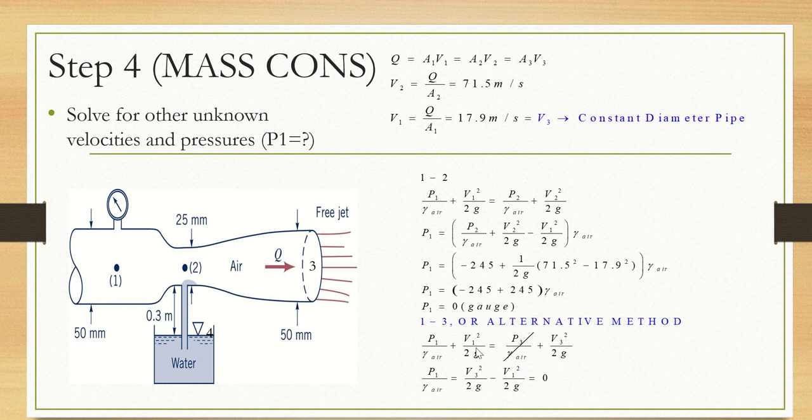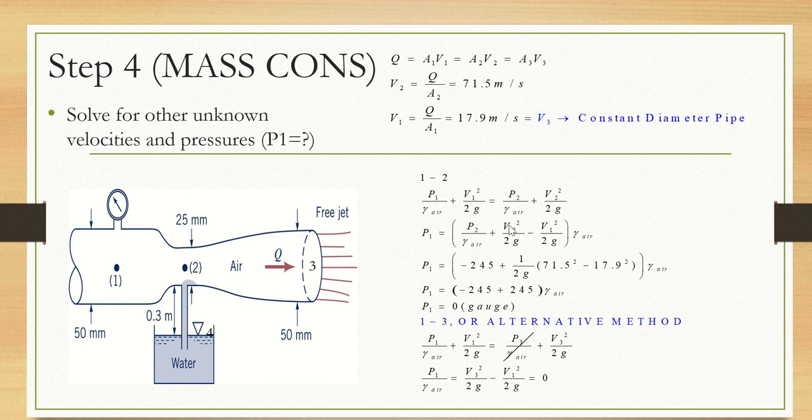And since I've already said that I know that P3 is 0 gauge pressure, and I know that V3 is equal to V1, once again, I see that P1 over gamma is equal to 0, as with my first example in which I looked at applying Bernoulli between 1 and 2.